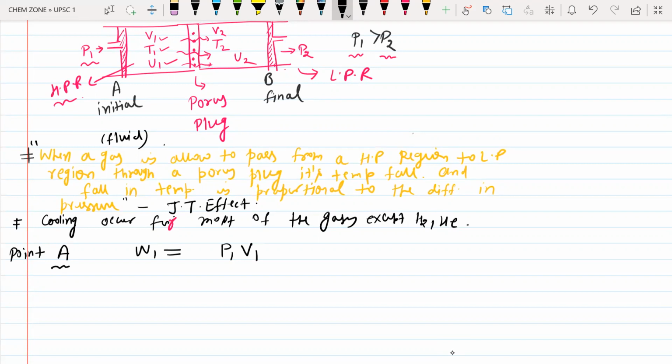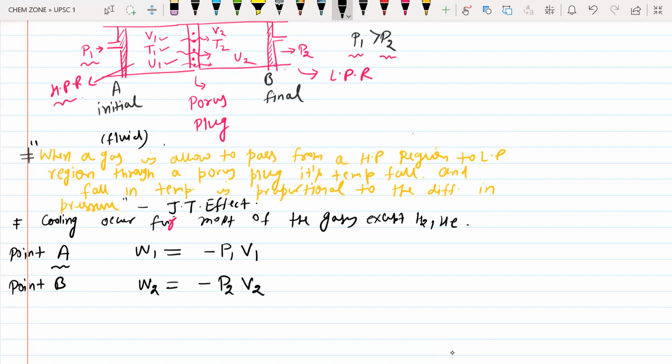We know that in chemistry, work done by the system is taken with a negative sign. So we can say that W1 will be minus P1 V1. Now let us assume the point B. W2 will be minus P2 V2. W2 is the work done by the gas on piston B, and W1 is the work done by the gas on piston A.